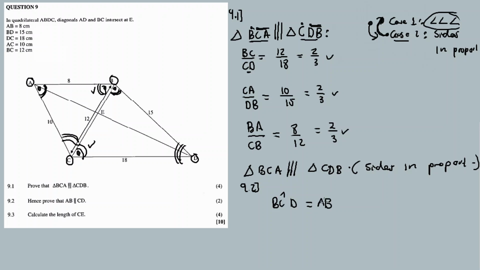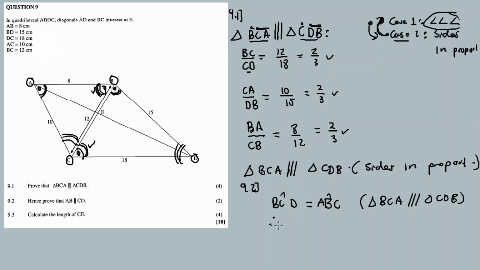ABC. The angle here is equal to the angle there, right? Why? It's because triangle BCA is similar to triangle CDB. That's the reason we provide.